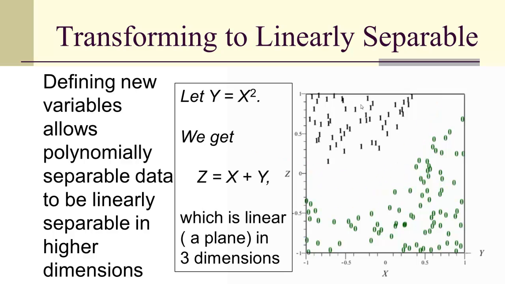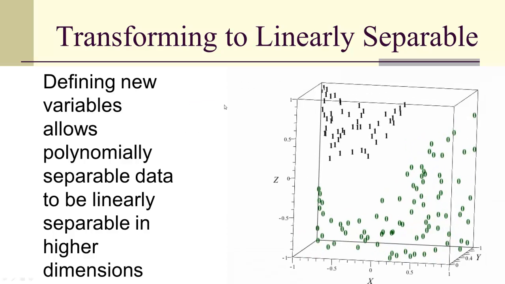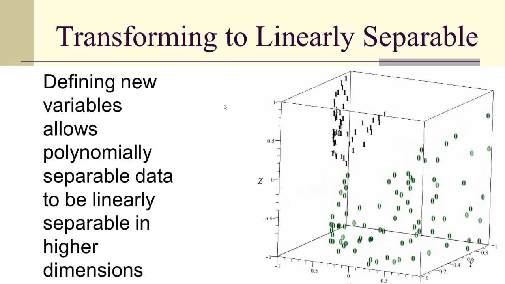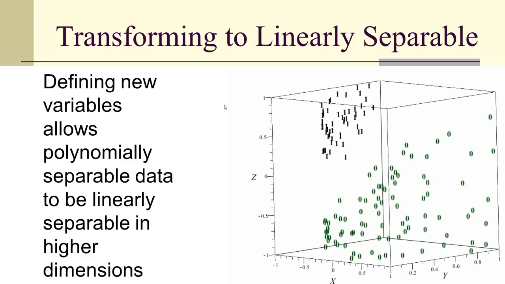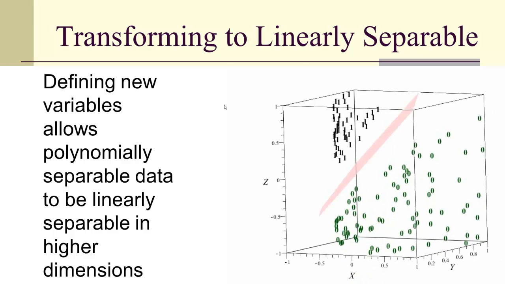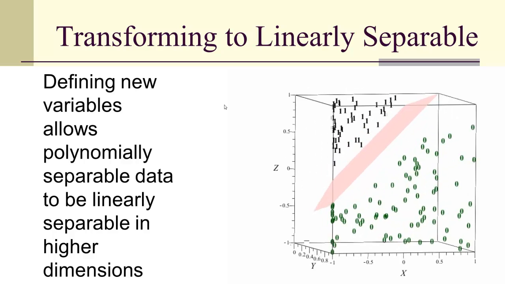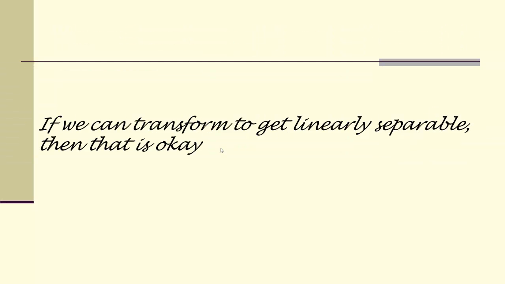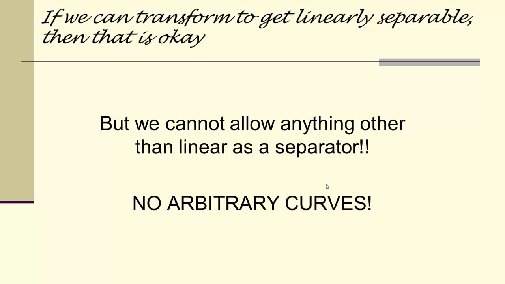Here we let y be x squared, z equals x plus y is a plane. In 3 dimensions, the x, y, z space, we have something that in 2 dimensions is not linearly separable. In 3 dimensions, it clearly is linearly, i.e. separated by a plane. If we can transform and get linearly separable, then that'll be okay in this class. But anything other than linearly separable is not okay.